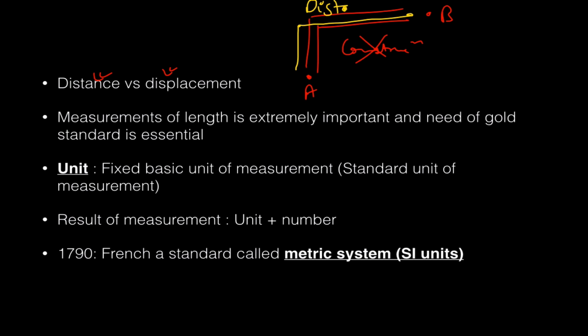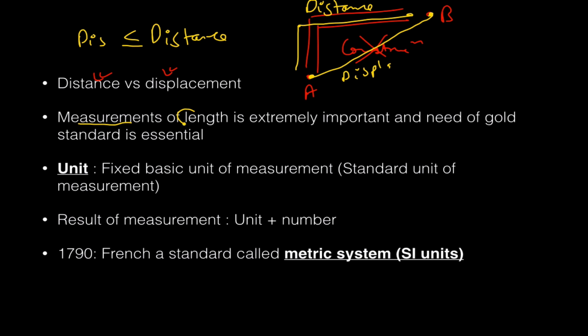That is the total length you actually travel, while displacement is the shortest route through which you can travel if no constraints are there. So this is called displacement and this is called distance. Displacement is always either less than or equal to distance. So distance is always more, or at max it can be equal to displacement.